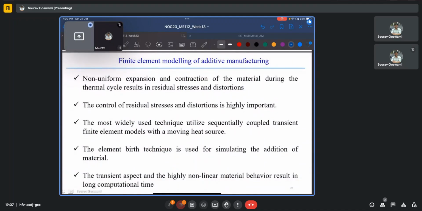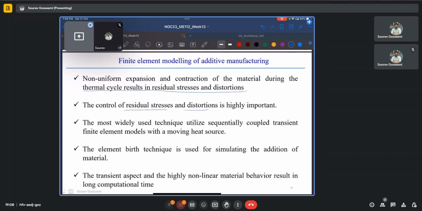For the finite element modeling of additive manufacturing, the non-uniform expansion and contraction of the material, which leads to thermal cycles and consequently residual stresses and distortions, has to be taken into account. Again, the control of such residual stresses and distortions is highly important because we want to preserve the geometry of the finished part as well as prevent damage to the machines.